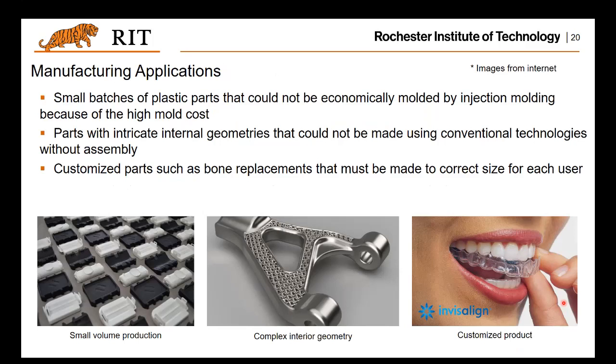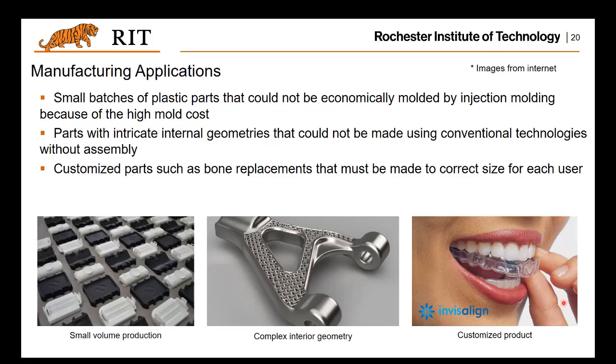Also, if you ever learn about injection molding, you will know injection molding is really good for mass production. It's quite fast and the quality is good, but still the cost for the mold and the machine tools is quite high. So before you decide to scale up the production, you always want to have small volumes of prototyping.